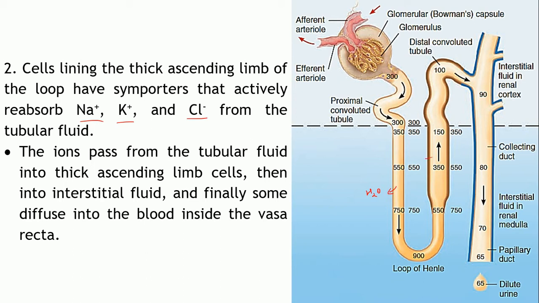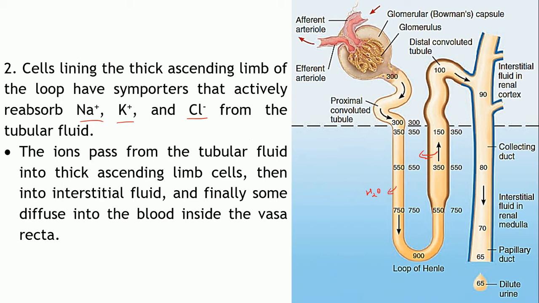Is it permeable to water? No, it is not permeable to water, but only ions can move out of the tubular fluid. So from the tubular fluid, the sodium, potassium and chloride, actually potassium is recycled over there through the leakage channels.